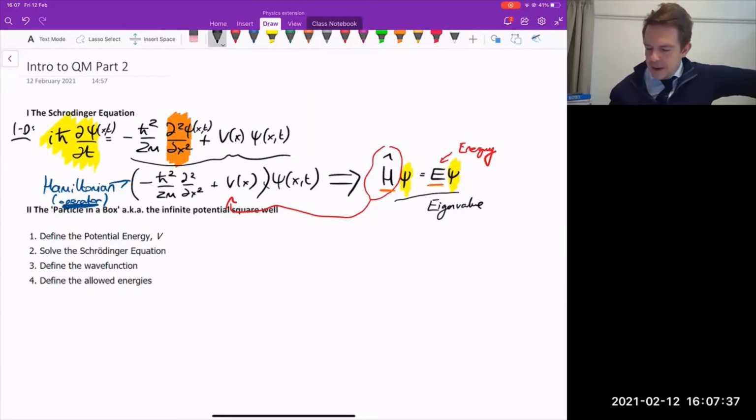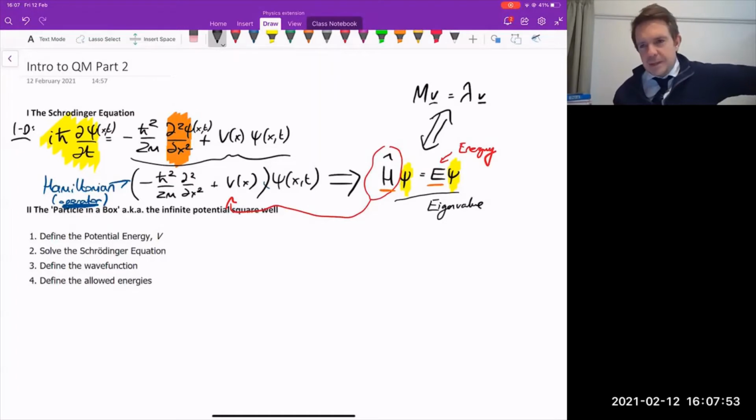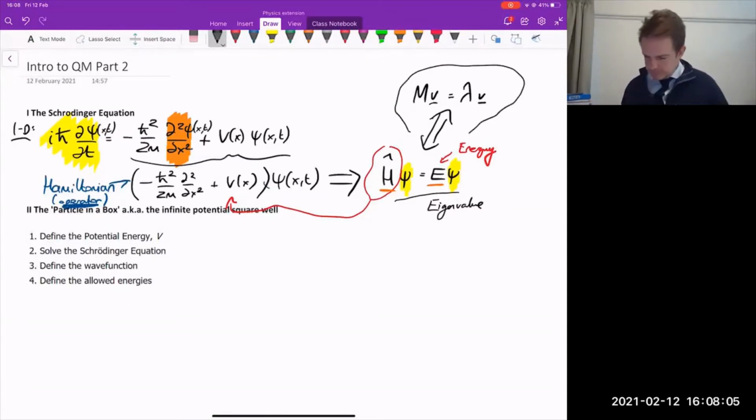So in maths, when you multiply a vector by a matrix, you can get an eigenvalue and the vector back again. So this has similar structure to matrix multiplication. That's just an aside. If you've read about quantum physics, you'll have come across a way of treating quantum mechanics using the maths of matrices. So that's just a hint at where that comes from.